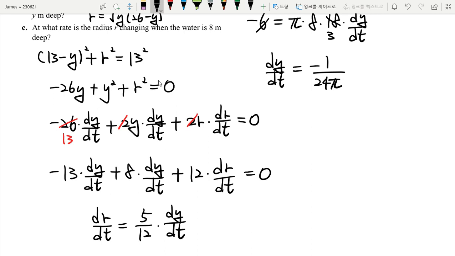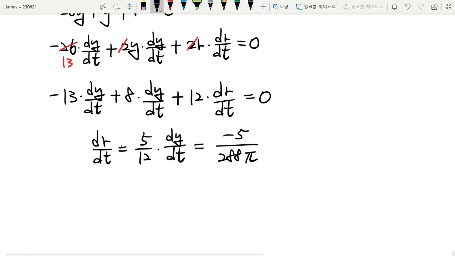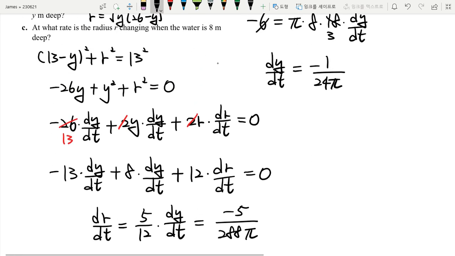And we know this dy over dt is minus 1 over 24 pi. So this is the rate of change in radius of the water surface.